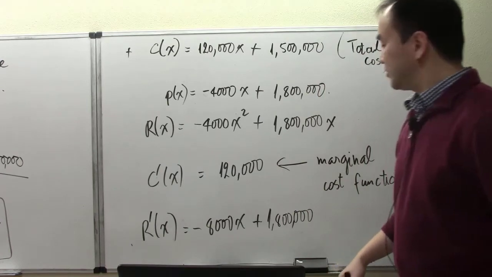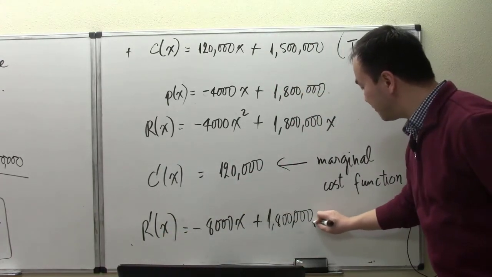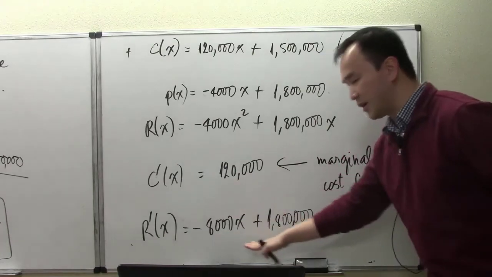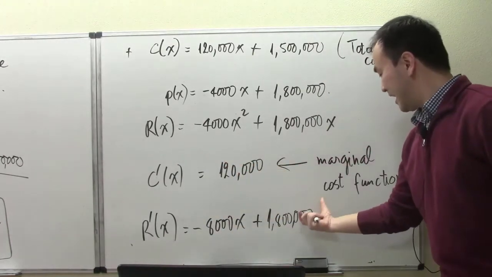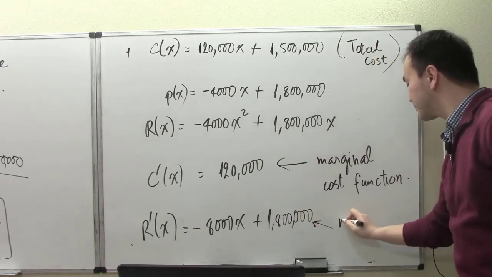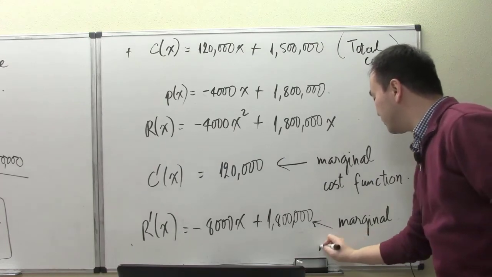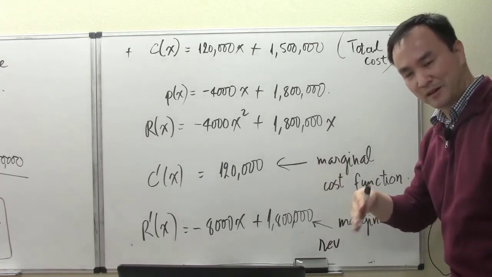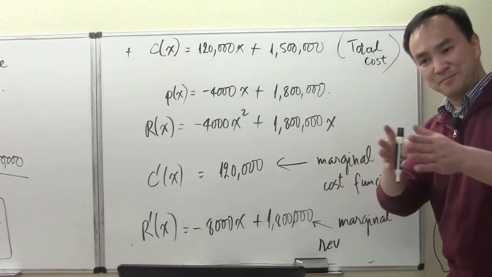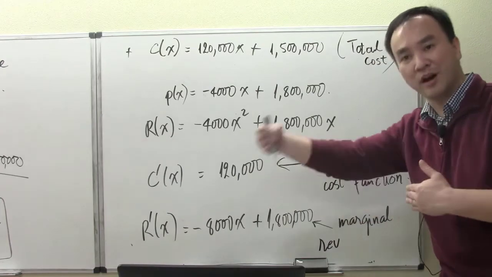Okay, so R prime of x, in a different video lesson I explained, is now officially used as our marginal revenue. How much revenue the real estate company can bring to themselves by making one additional house.